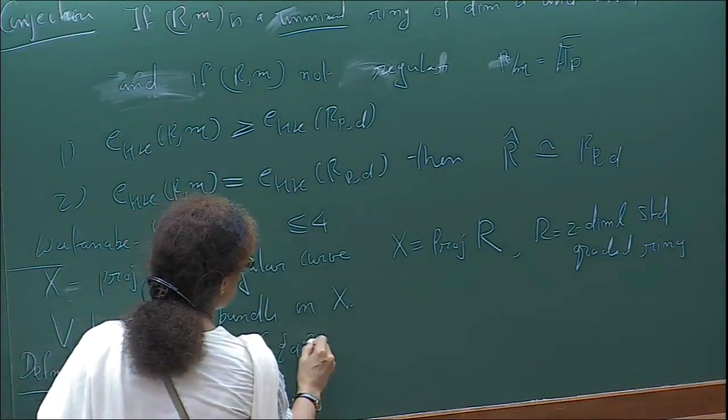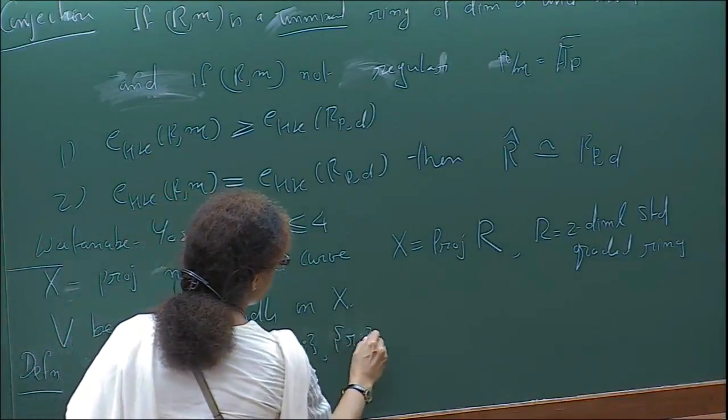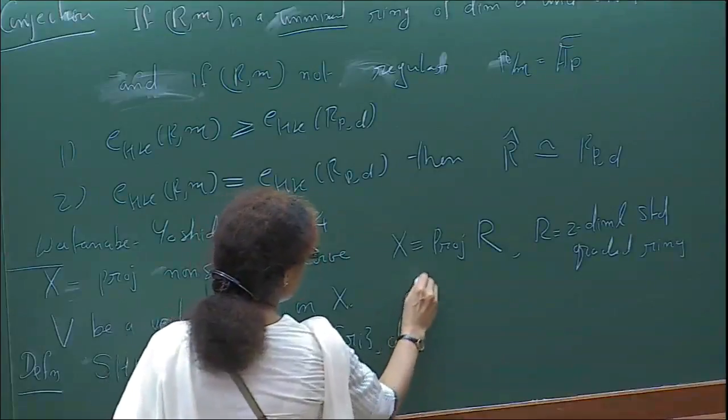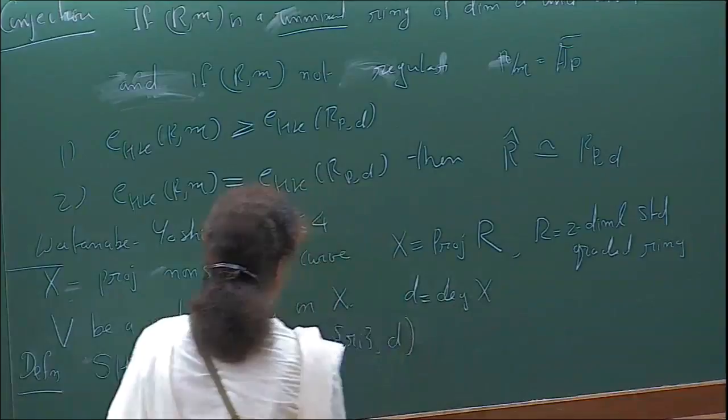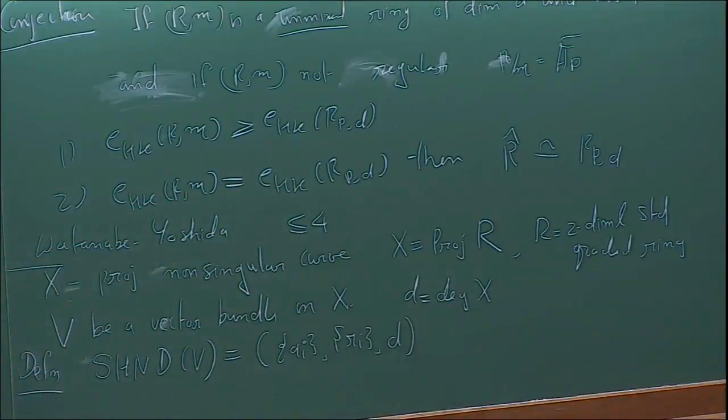The a_i's, a bunch of r_i's, and D. So here D is the degree of X. What you do?